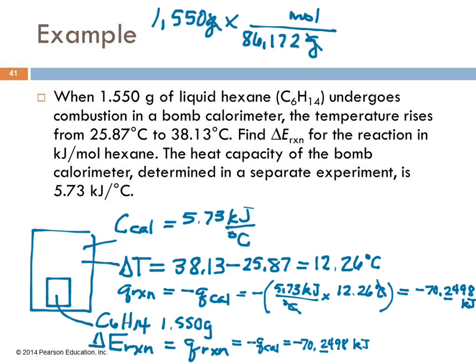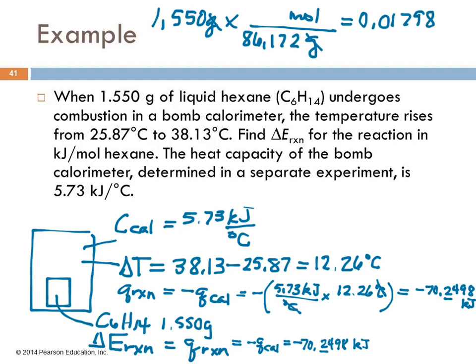The grams cancel out. And so we can find the number of moles of hexane that were in this particular experiment. So that is 0.01798.